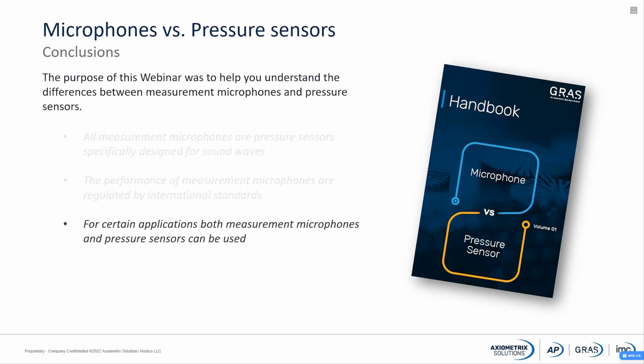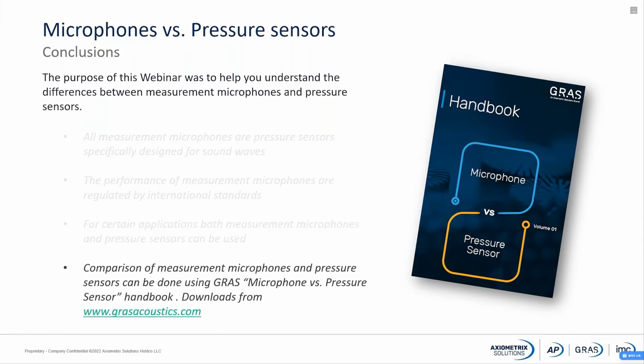For certain applications, both measurement microphones and pressure sensors can be used. And if you would like to compare data sheets, you can download this GRAS publication, the Microphone versus Pressure Sensor Handbook, from our homepage, www.grasacoustics.com.